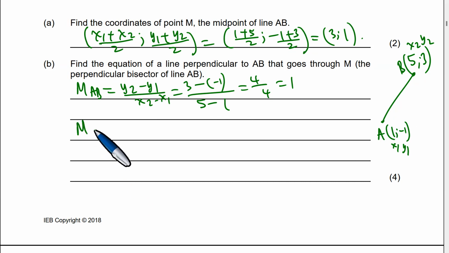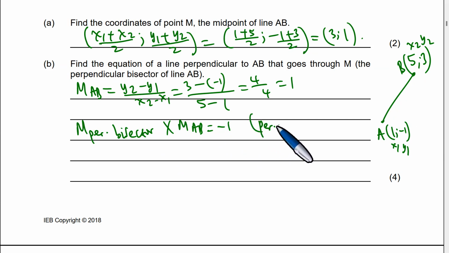So the gradient of the perpendicular bisector times the gradient of AB must be minus 1, because the perpendicular bisector is indeed perpendicular to AB.